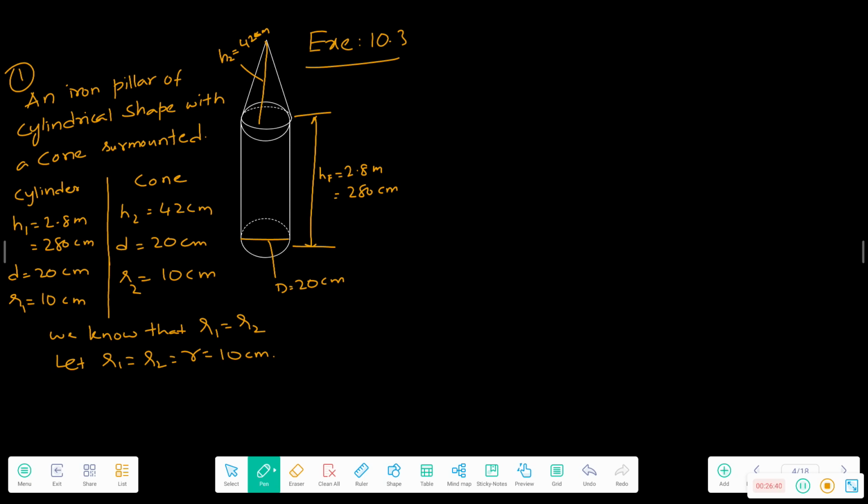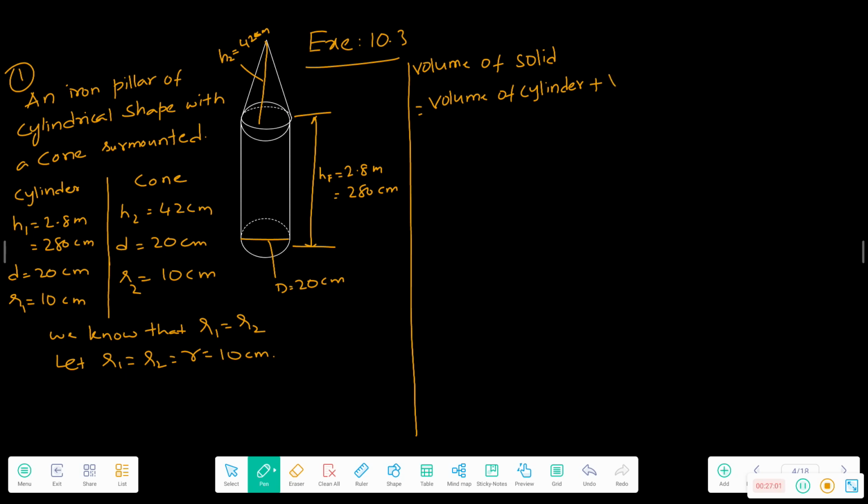Now the volume of solid is equal to volume of cylinder plus volume of cone.